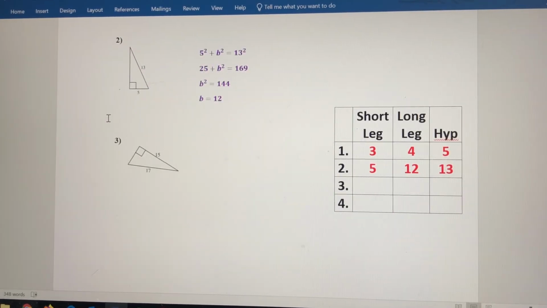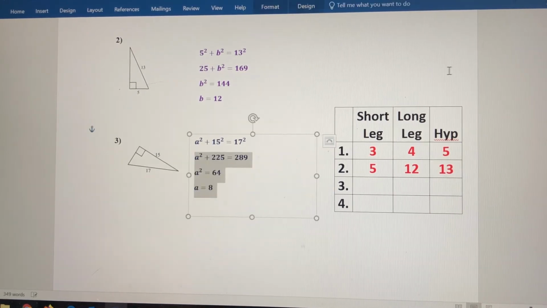In problem 3, we're going to be solving for the smaller of the two legs. The longer leg is 15, the hypotenuse is 17, so I'm going to call the leg we're solving for A. So 15 squared is going to be 225, 17 squared is going to be 289. When you subtract those, you get 64.